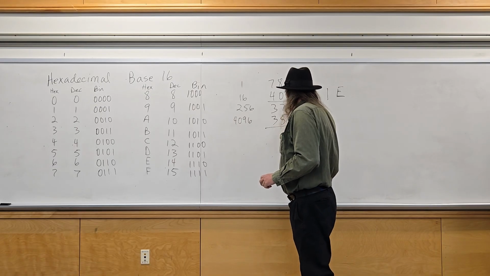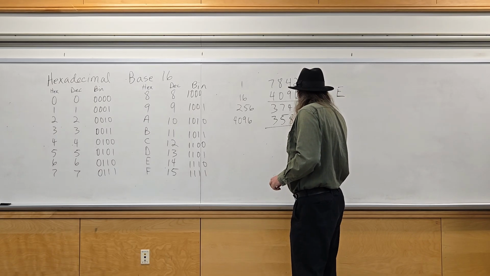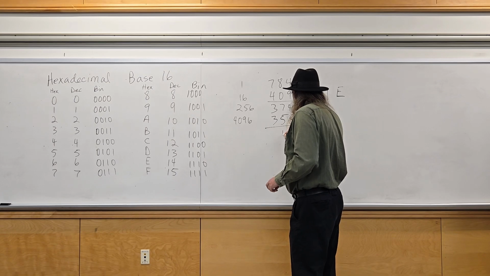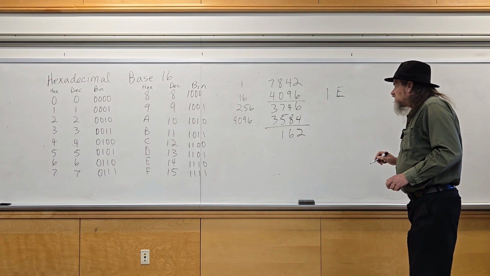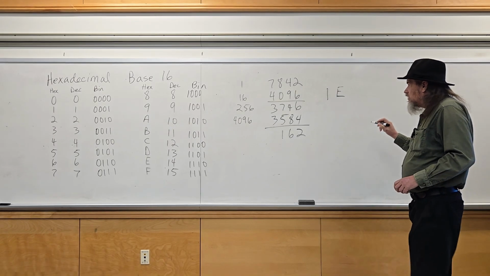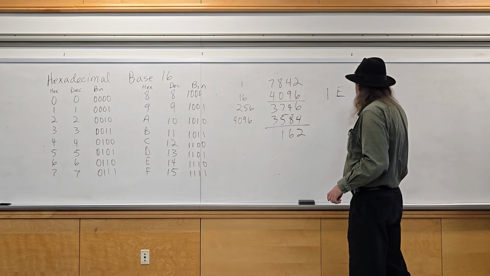Deduct that from the running total. You get 162 left over. And 16 goes into 162 10 times.